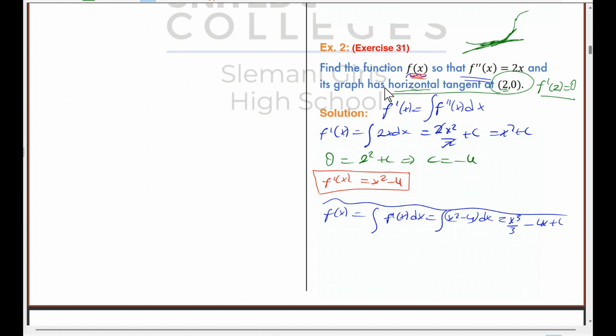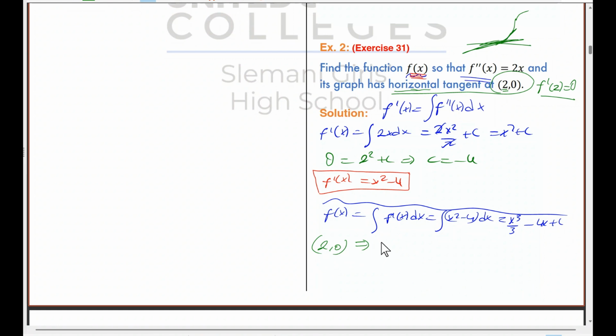If the tangent line is passing through this point, the original function is also passing through this point. So we have a common point here. This point (2, 0) is common for both the horizontal tangent line and the original function. So we are going to be using the same point (2, 0). X is 2, y is 0.